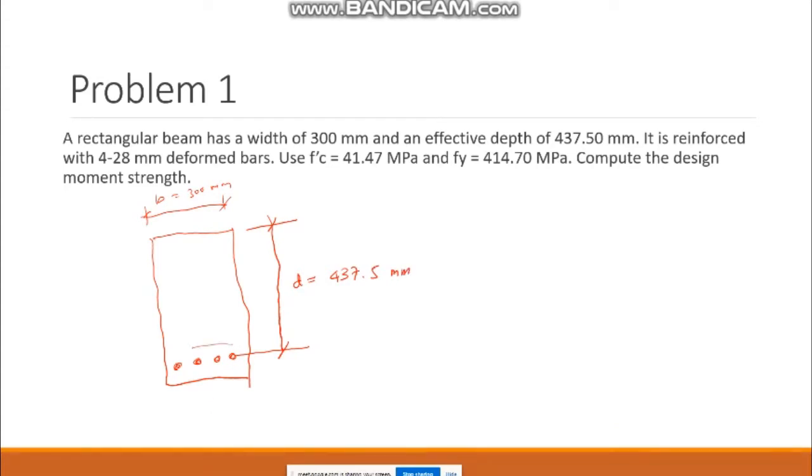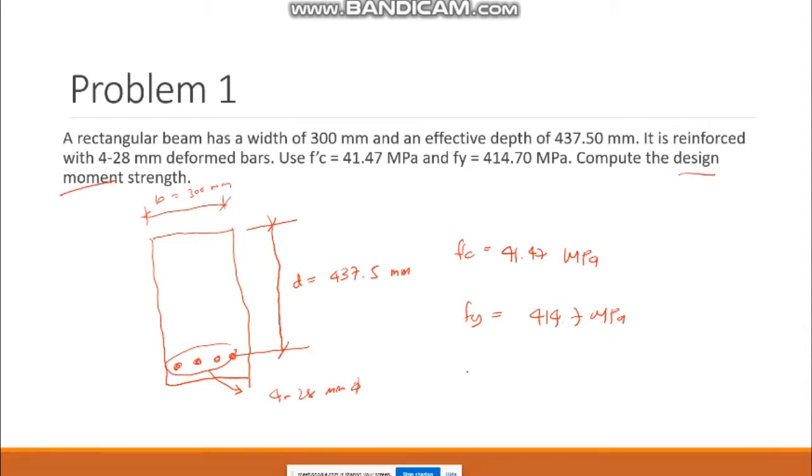The bar diameter is 28 mm. Fc prime is 41.47 MPa, and Fy is 414.7 MPa.